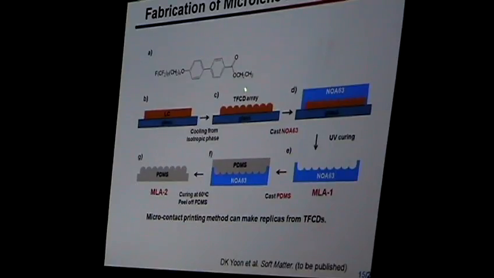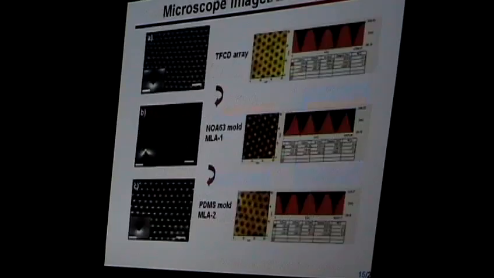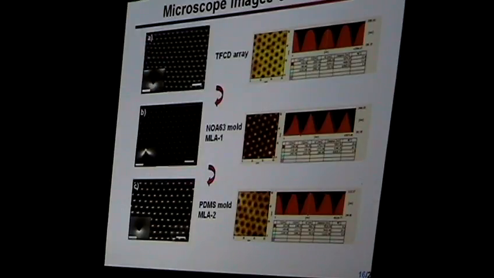So we call this TFCD, this is MLA1 of NOA 63, and this is MLA2 of PDMS. The structural analysis was done every time we made the replicas. And as you can see in these scanning electron microscopy and AFM images, the original structure remained.